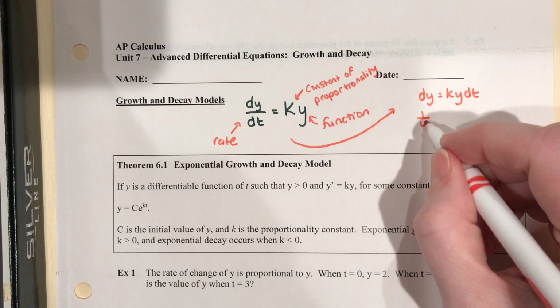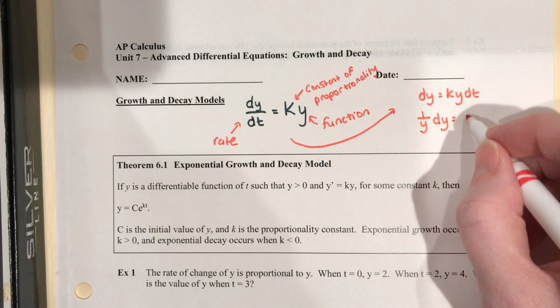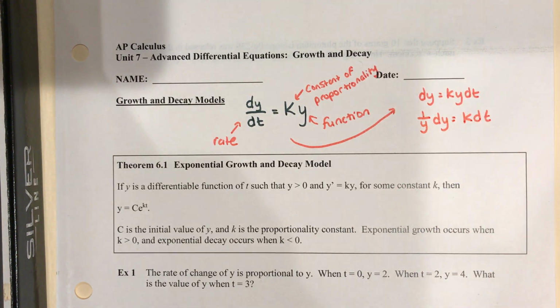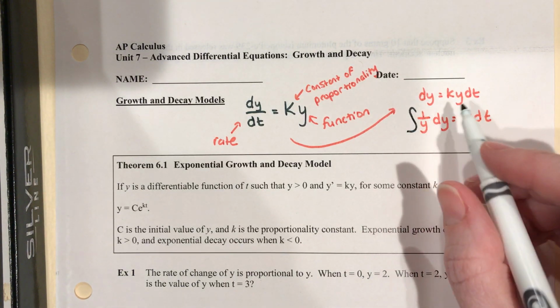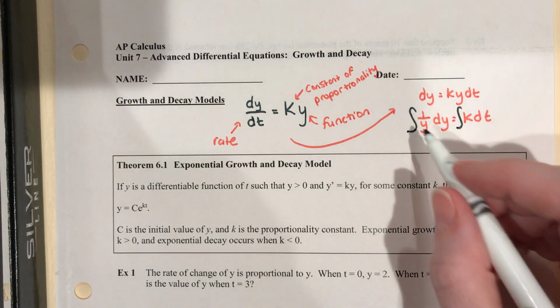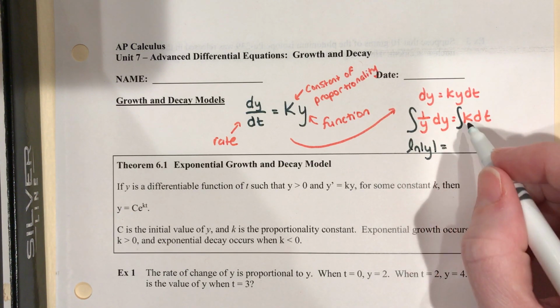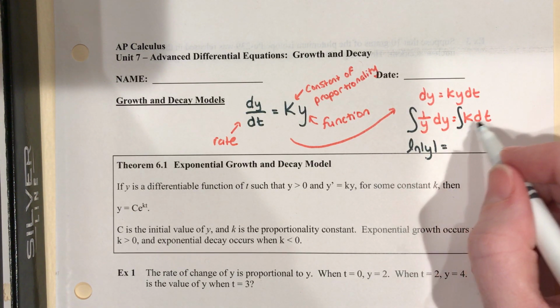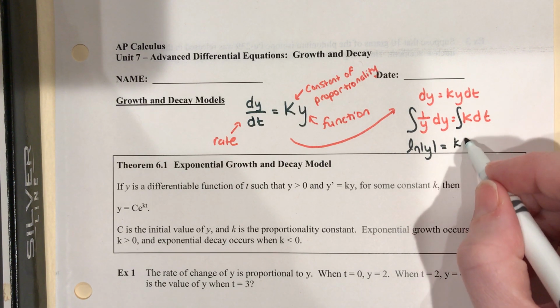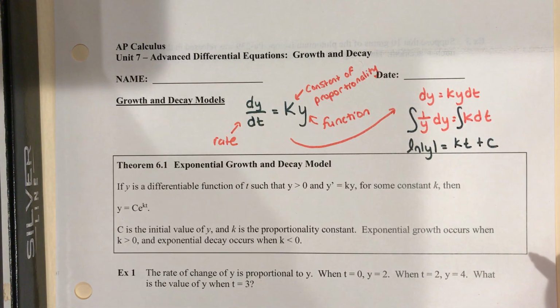So this becomes 1 over y dy equals k dt. Now I'm going to take the integral of that. The integral of 1 over y is the ln of y. The integral of k, if I'm integrating with respect to t, is kt plus c.